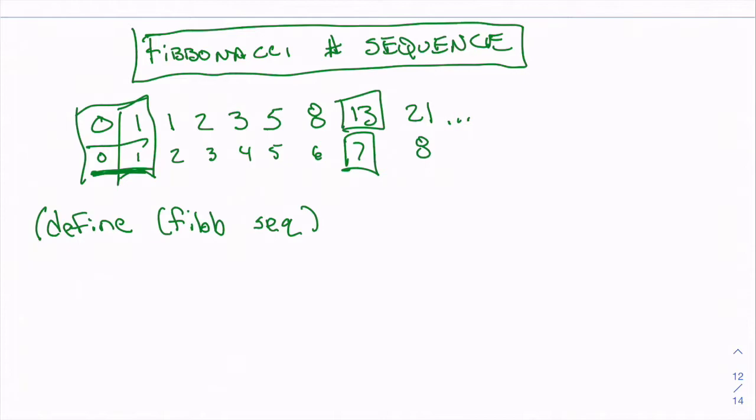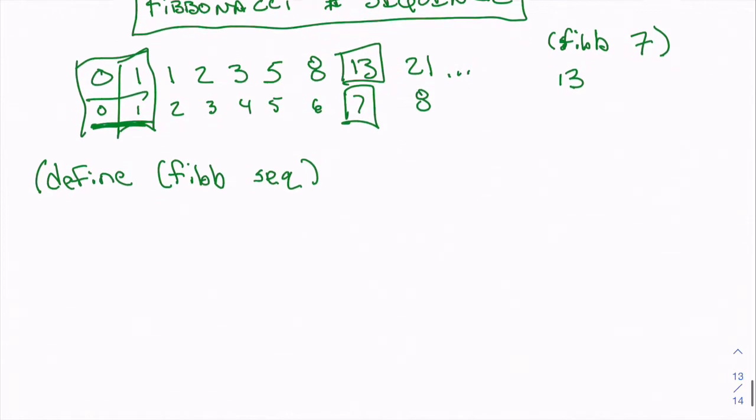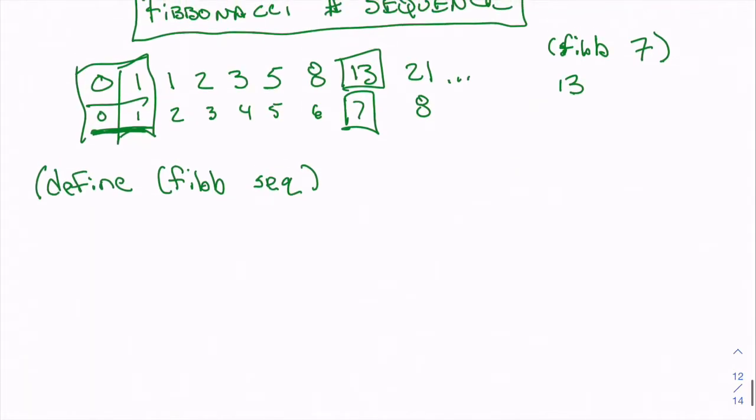All right, so the idea is you'd say fib 7, and you get back the number 13. That's the idea. All right, so we've got to set up a few cases here, recursive cases, and also our base case.